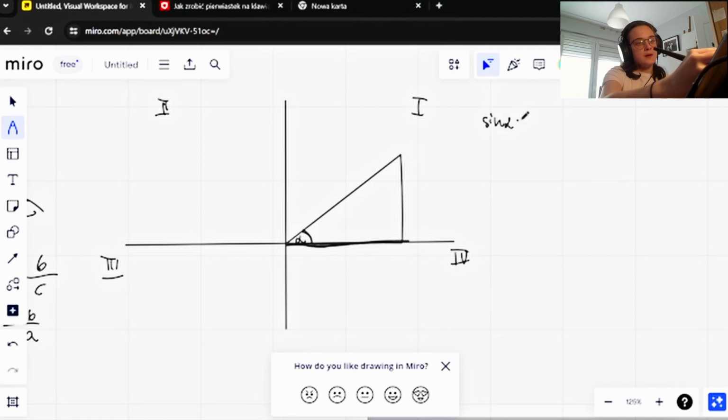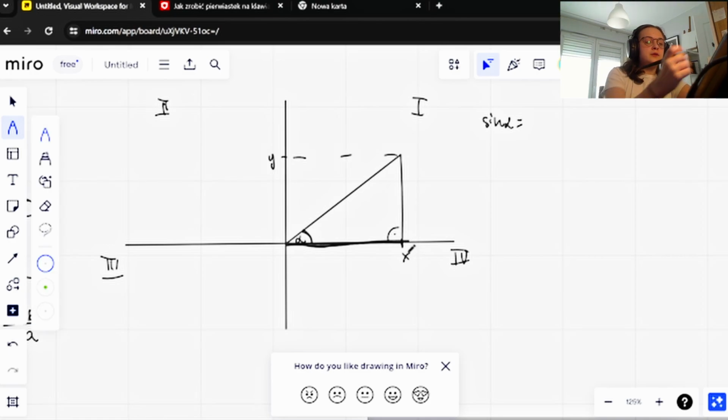Sinus is A divided by C. So A is here divided by C. Here is where our arm ends, and this length is equal to x, and this length is equal to y.